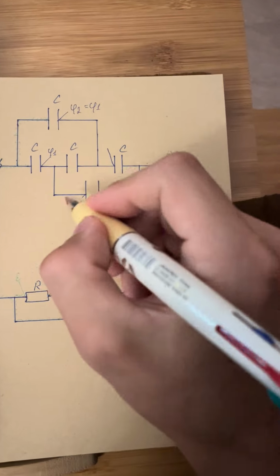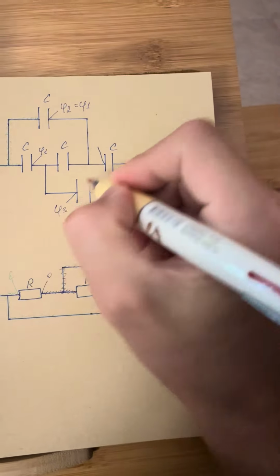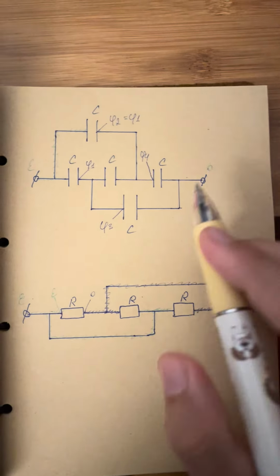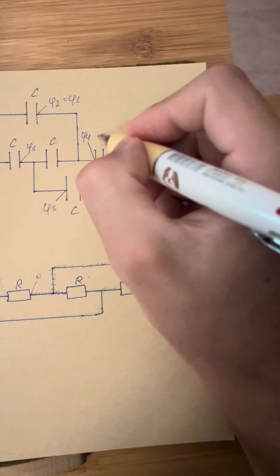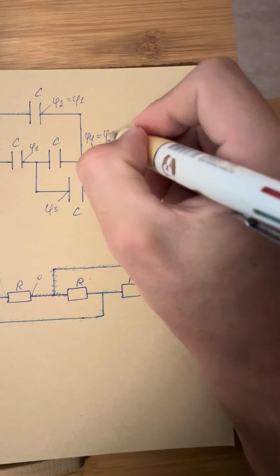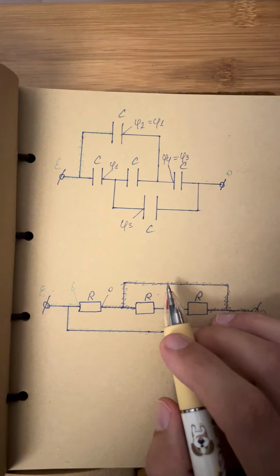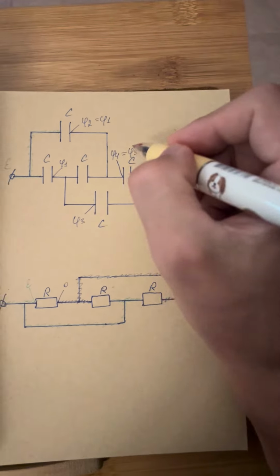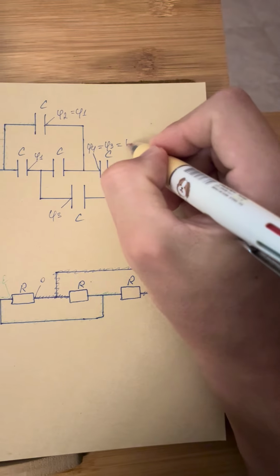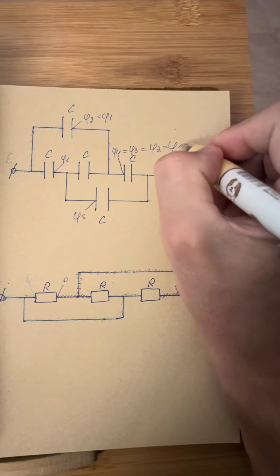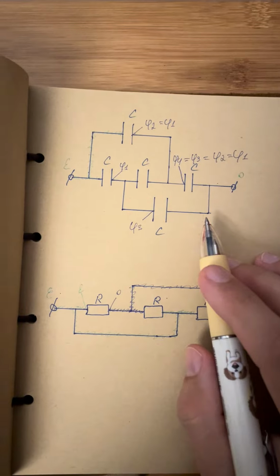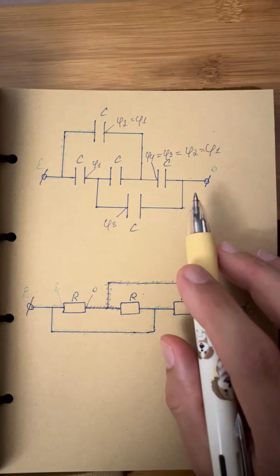potentials here are the same. Phi 3, phi 4, they are the same. Phi 3 and phi 4 equal phi 3. But also I can say that they equal phi 2 and phi 1 as well because of the symmetry. Can you see?